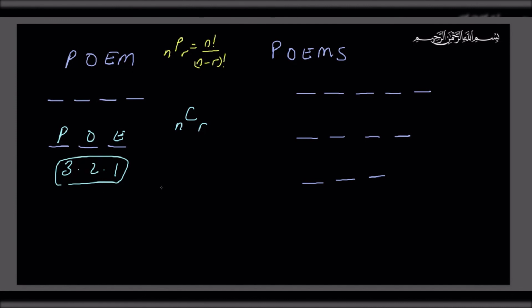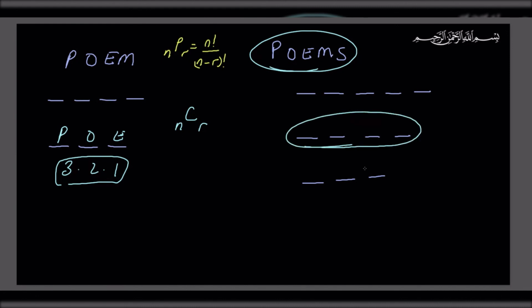In other words, if you have 5 letters and you're only picking 4, how many different 4-letter arrangements are going to be considered as 1? For example, you pick O, E, M, S, and then you have M-O-E-S. How many different 4-letter arrangements are there? Well, that's easy, because that's going to be 4 factorial.